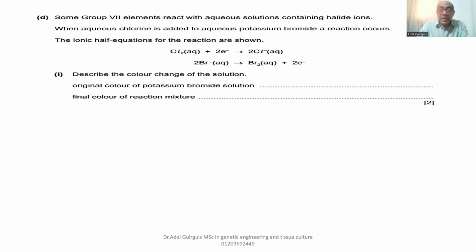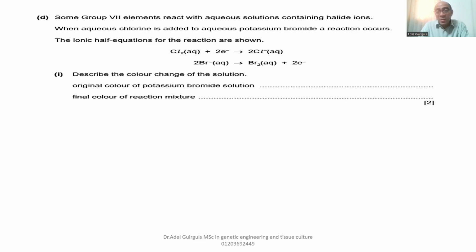Chlorine aqueous plus 2 electrons gives 2 chloride ions, and 2 bromide ions in aqueous state combine together by losing electrons to form bromine aqueous. These two half equations represent an oxidation reduction reaction, a redox reaction. The type of this reaction is redox. Describe the color change of the solution. Original color of potassium bromide solution is the final color of reaction mixture.